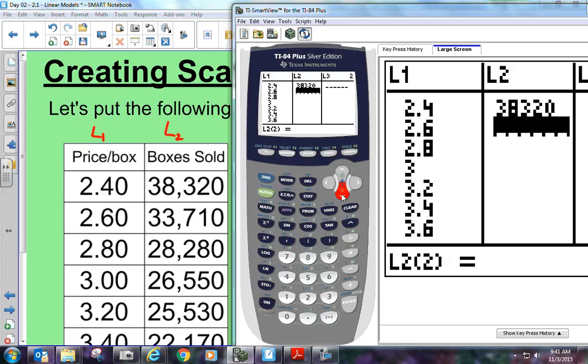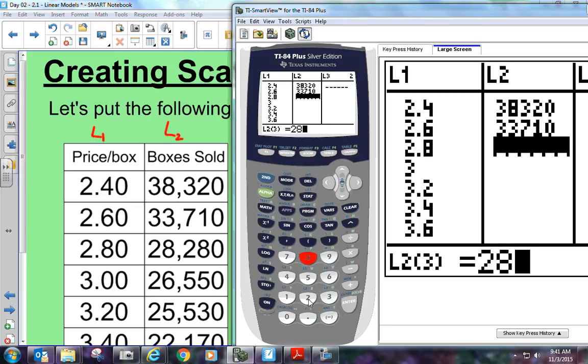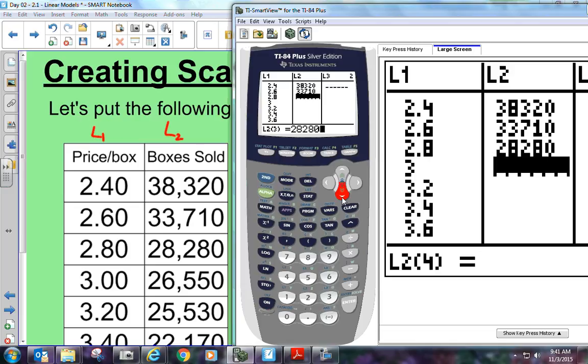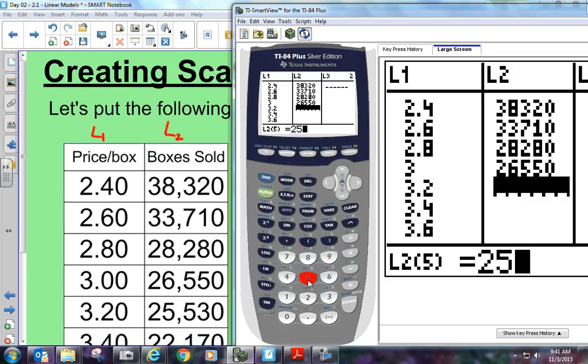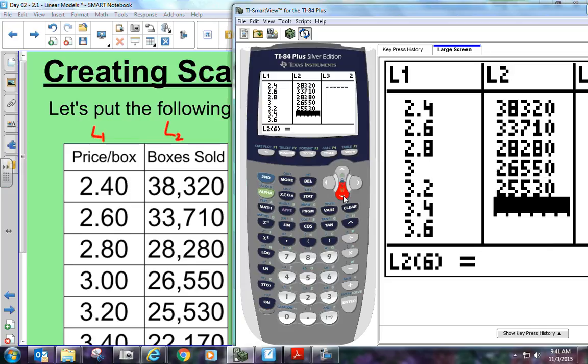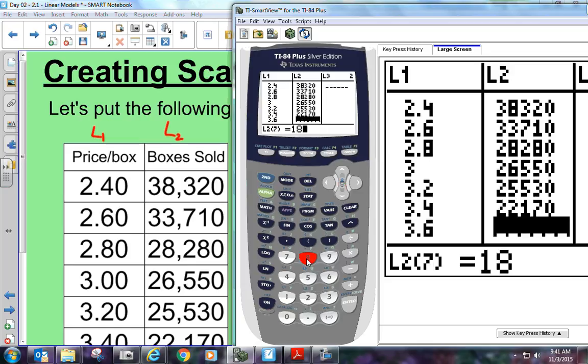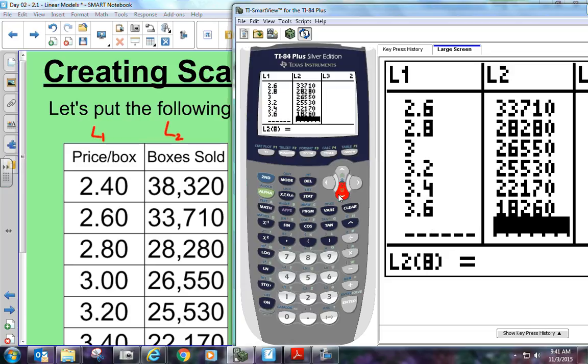All right, nice. 33,710. 28,280. 26,550. 25,530. 22,170. And 18,260.